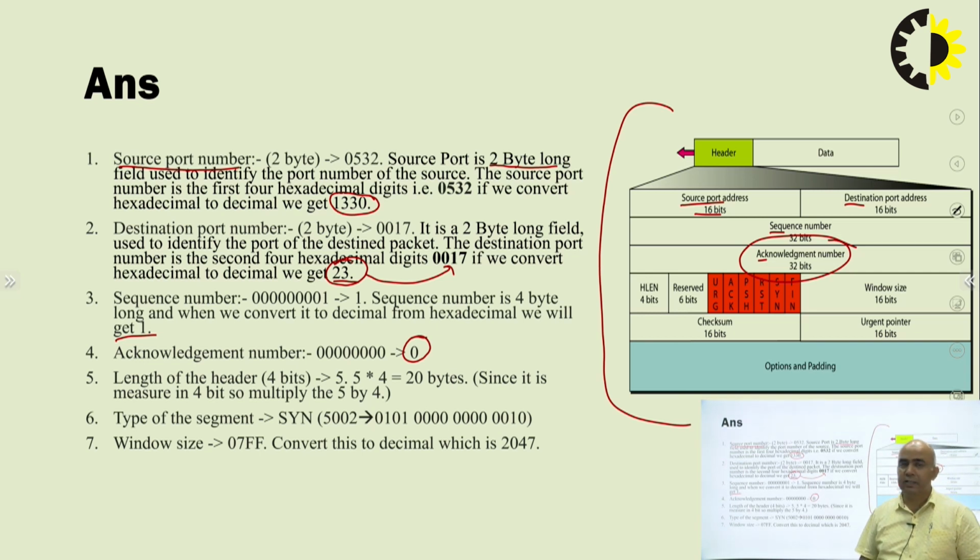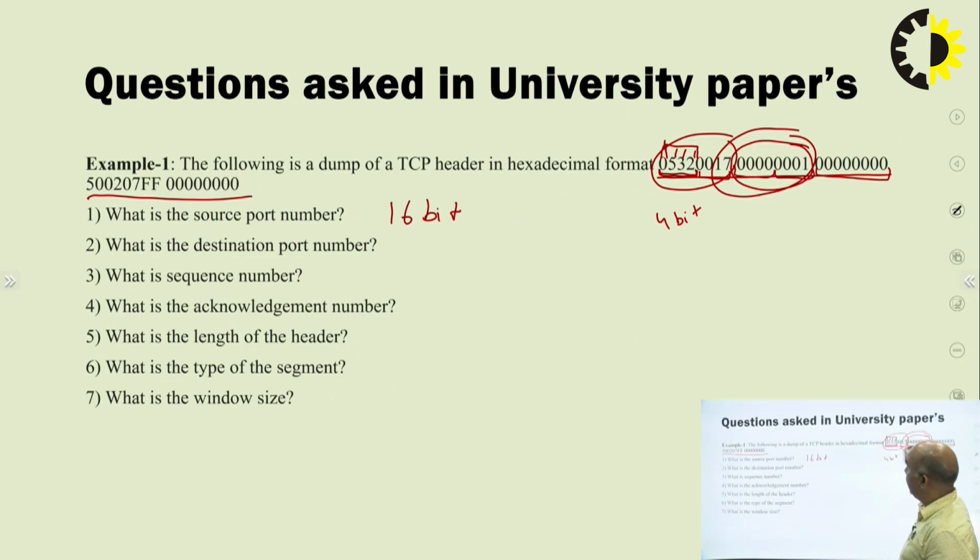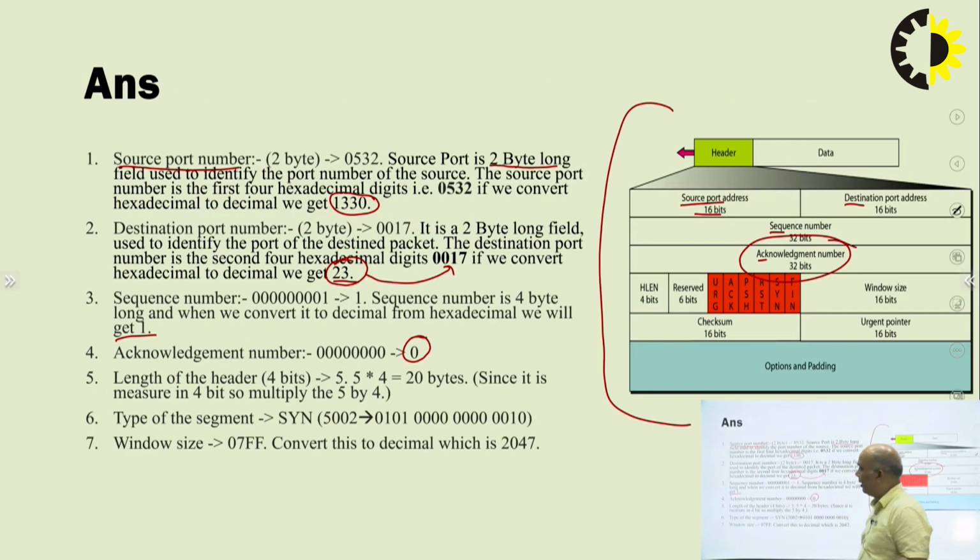Now we have to identify the header length. As this is here, the header length is 5. This next number is 5 here, and we have hexadecimals, as we know. This header length is 4 bits.